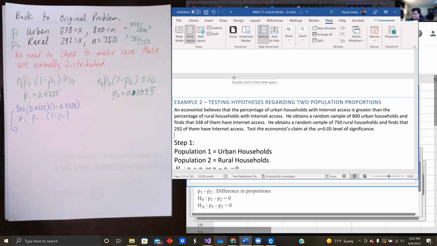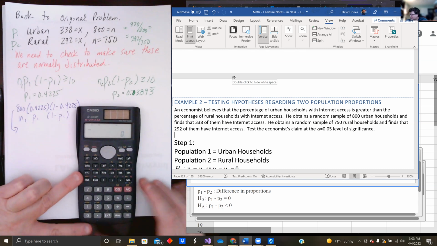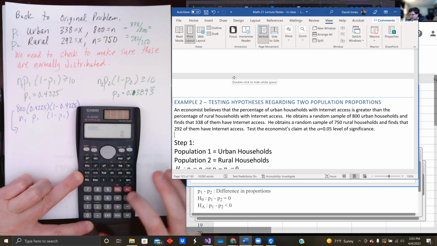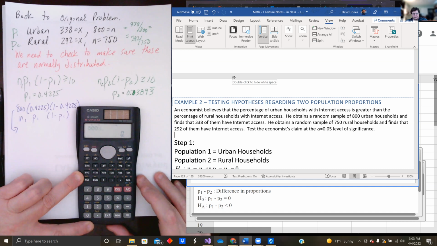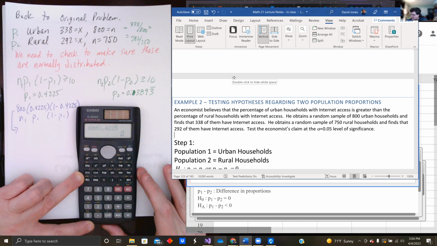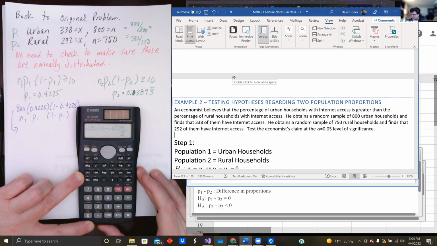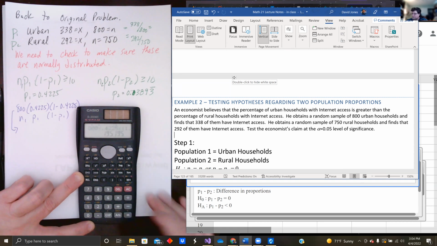So I'm just going to put that in my calculator exactly as I see it. I see 800 times 0.4225 times, and then I need parentheses, 1 minus 0.4225, and then I'll end parentheses.